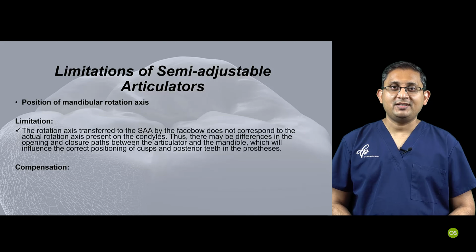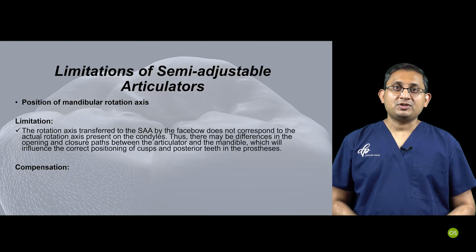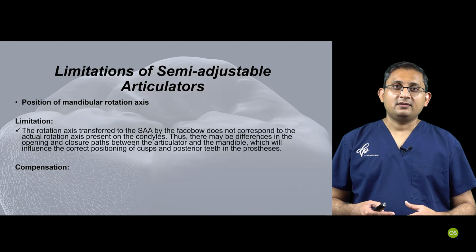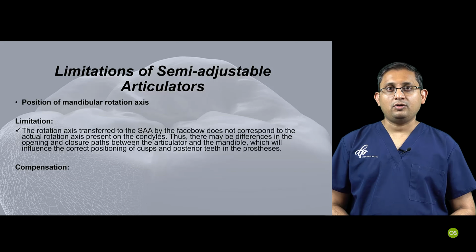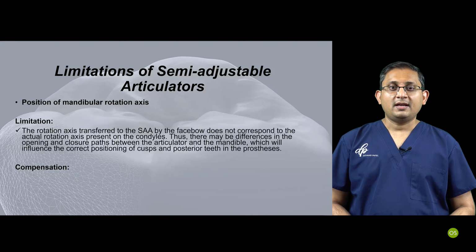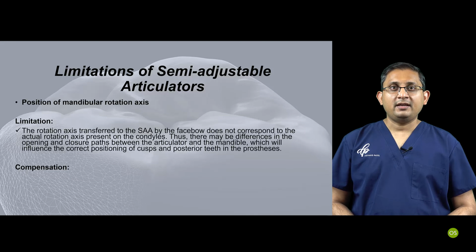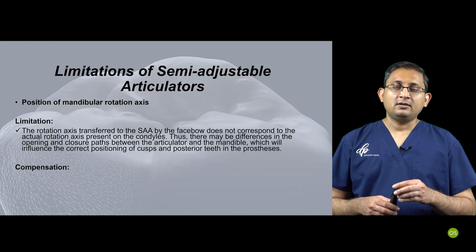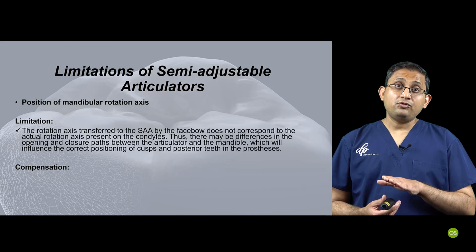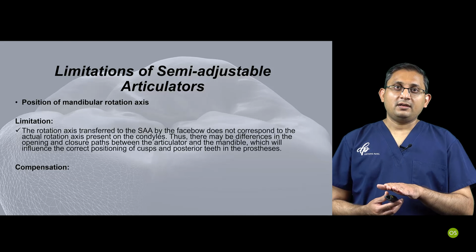You're using an arbitrary ear-type facebow, which assumes, as we discussed before, that the axis is 13 millimeter from your external auditory meatus. And that is a limitation.